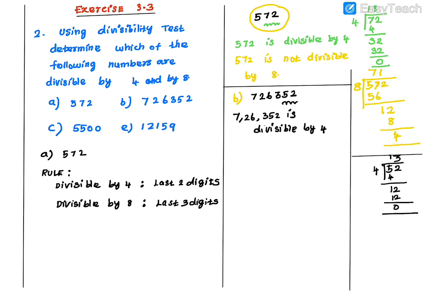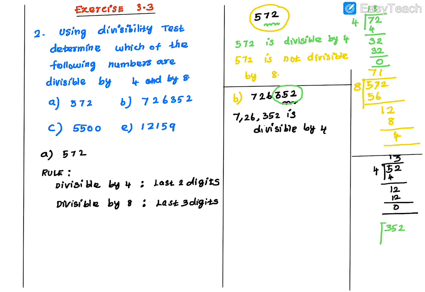Next, we have to check the number's divisibility by 8. Divisible by 8 means what we have to do? See, students, 7,26,352: while checking divisibility by 8, we have to look at the last three digits, 352.